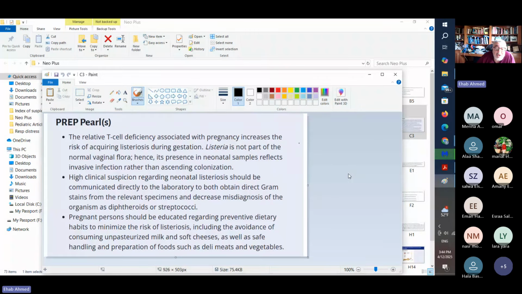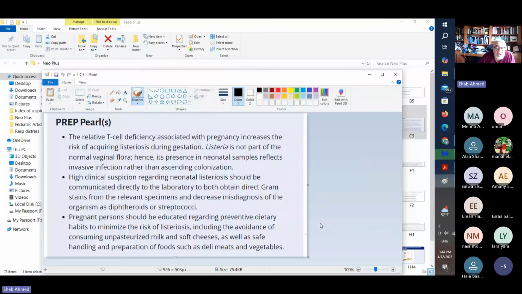Pregnant persons should be educated regarding preventive dietary habits to minimize the risks of listeriosis, including avoidance of consuming unpasteurized milk and soft cheese, which comes from unpasteurized milk, as well as safe handling.